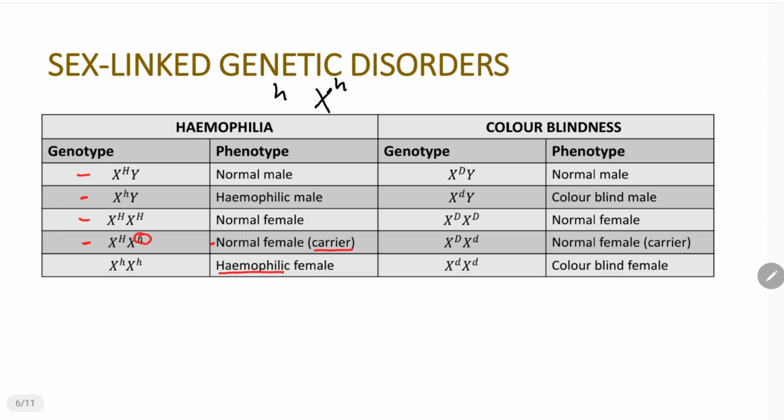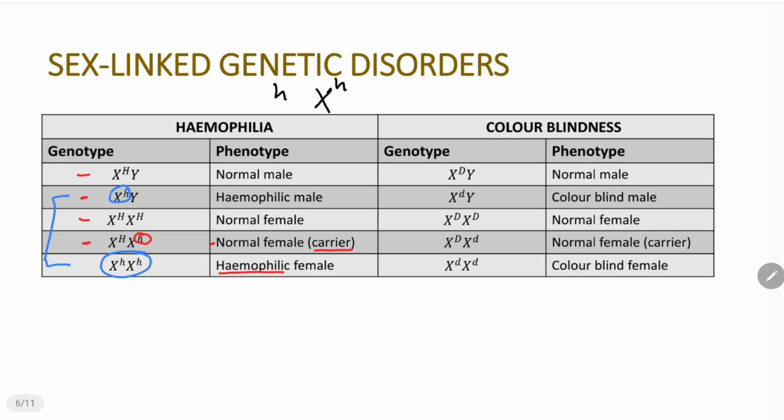This brings a stark contrast to our male here. If we compare this male and this female, in order for males to suffer from this genetic disorder, which is hemophilia, they only need one recessive allele. But in order for females to suffer from hemophilia, they will need two recessive alleles. And this is simply because females have got two X gonosomes, but males only have one.